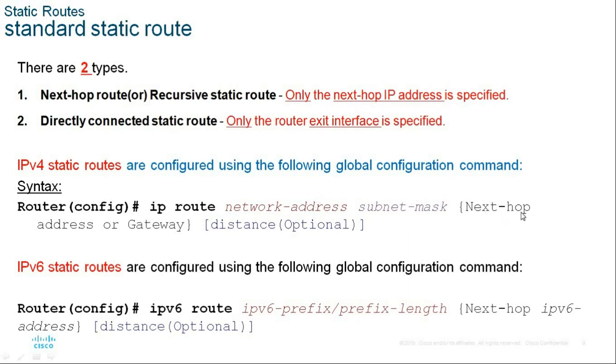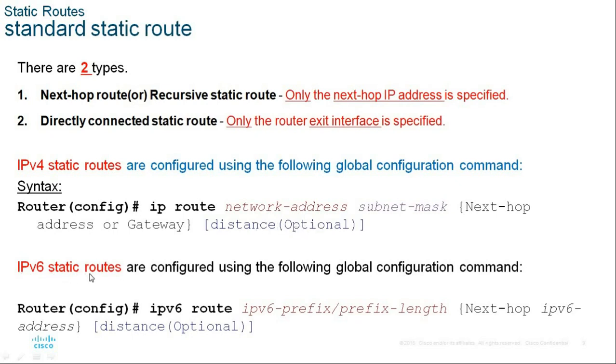Then you have to write the next hop address only, or the gateway, just for understanding, but technically you say next hop address, followed by the distance, meaning administrative distance. By default, as I told you, for all static routes the administrative distance value is 1. If you want, you can write it. If you don't want to, it is not an issue at all. The distance here is optional.